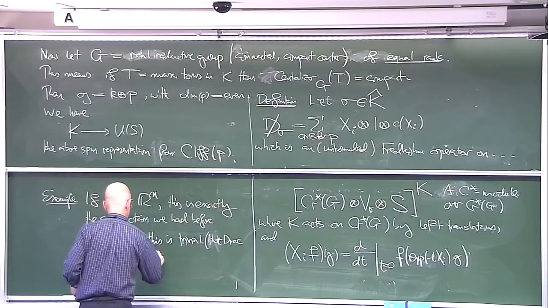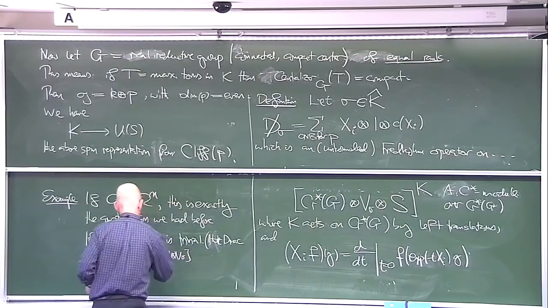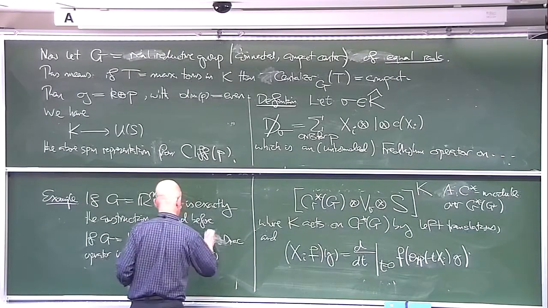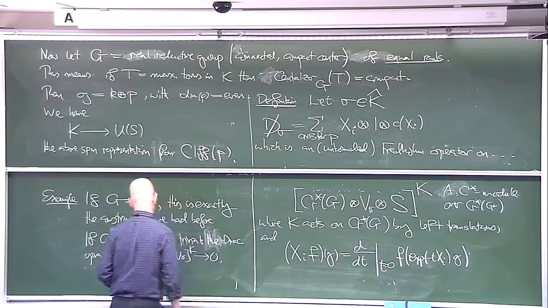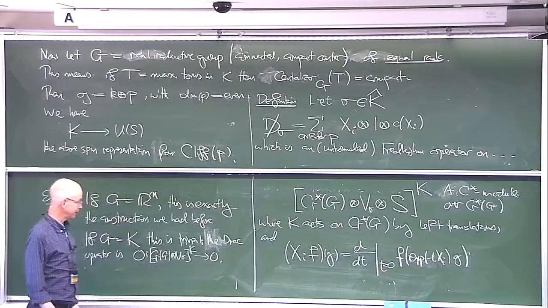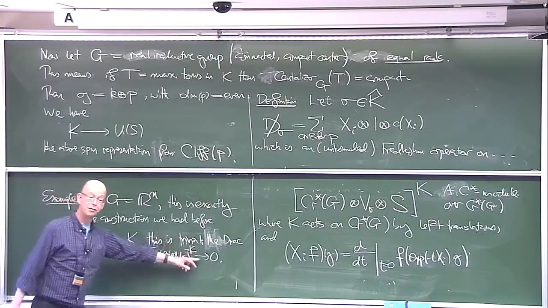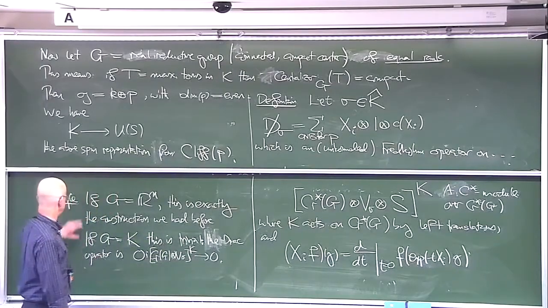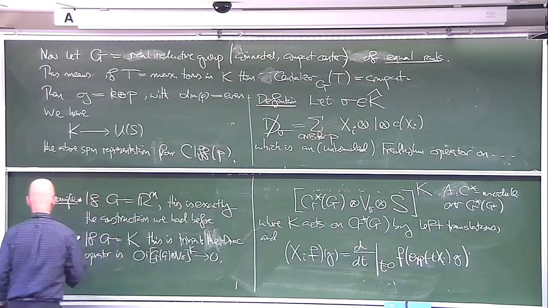If you think about it, it's the zero operator from C-star G tensor V sigma K to zero. It's not the zero element in the K-theory when you study this Fredholm operator. It's this Hilbert C-star module here. Okay, so two cases. In both cases, let me go over here.